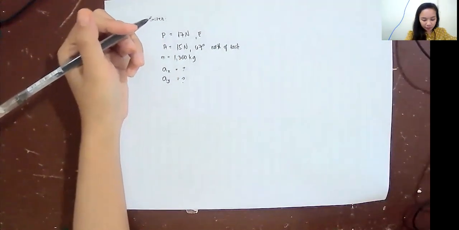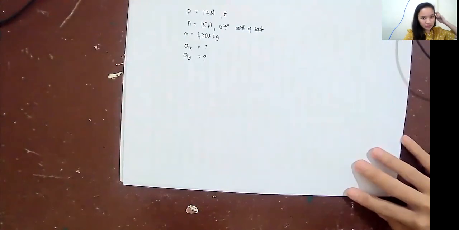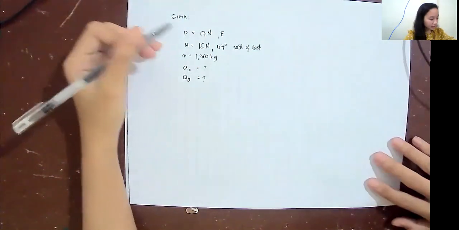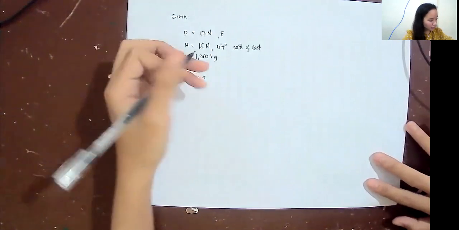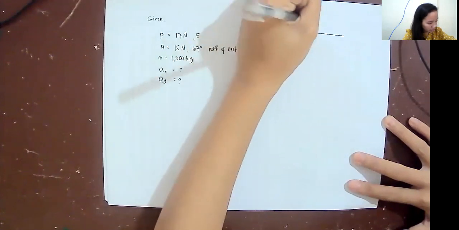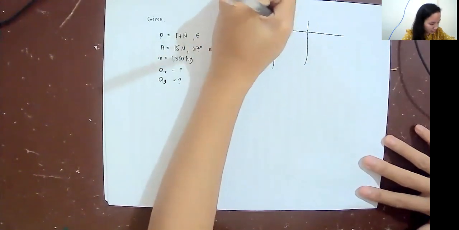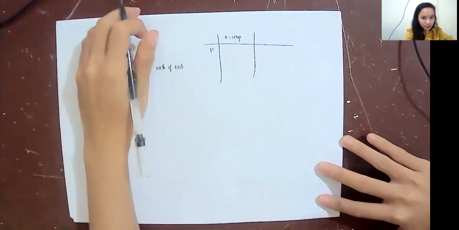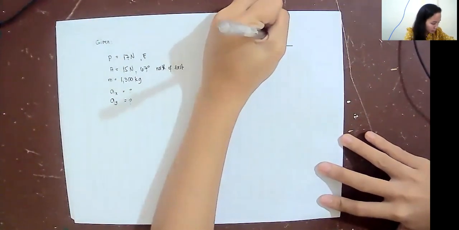Okay, so for the first step of the problem, first let's get the x and y components of our forces. So let's say force P. Okay, I will make a table and then this is our x component. Okay, and then this is the y component.